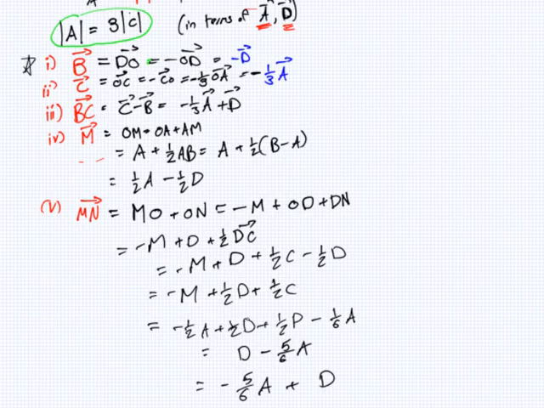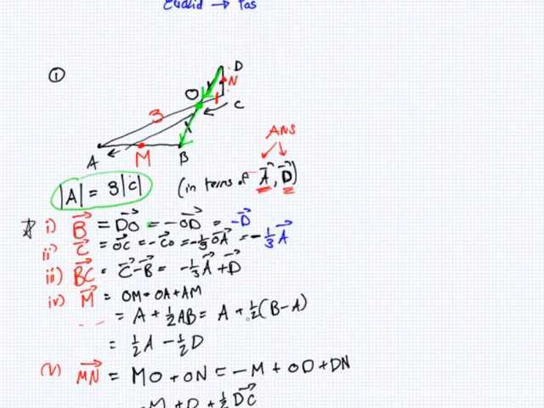You went MB plus BO plus OC plus CN. So MB, you said it's minus a half BA. MB is minus a half BA, a half AB, yeah, okay.